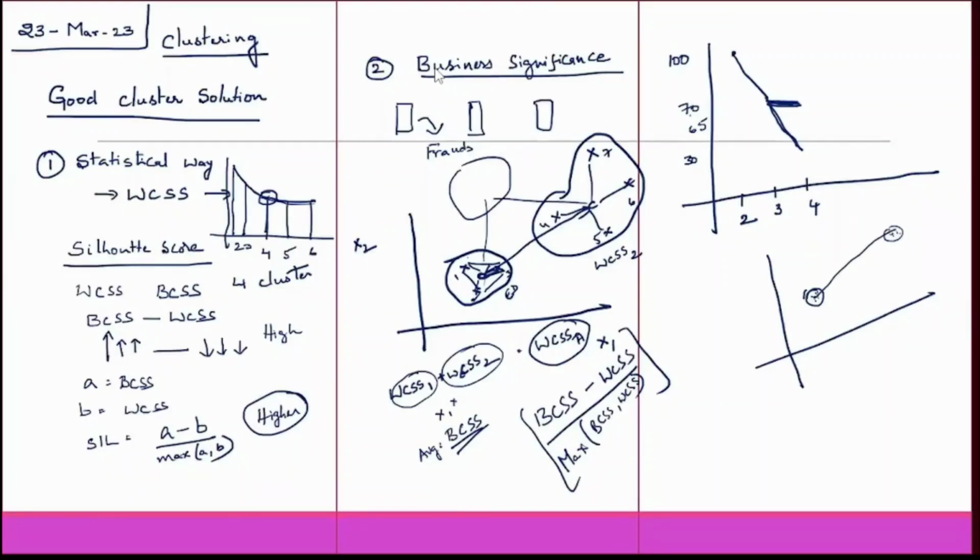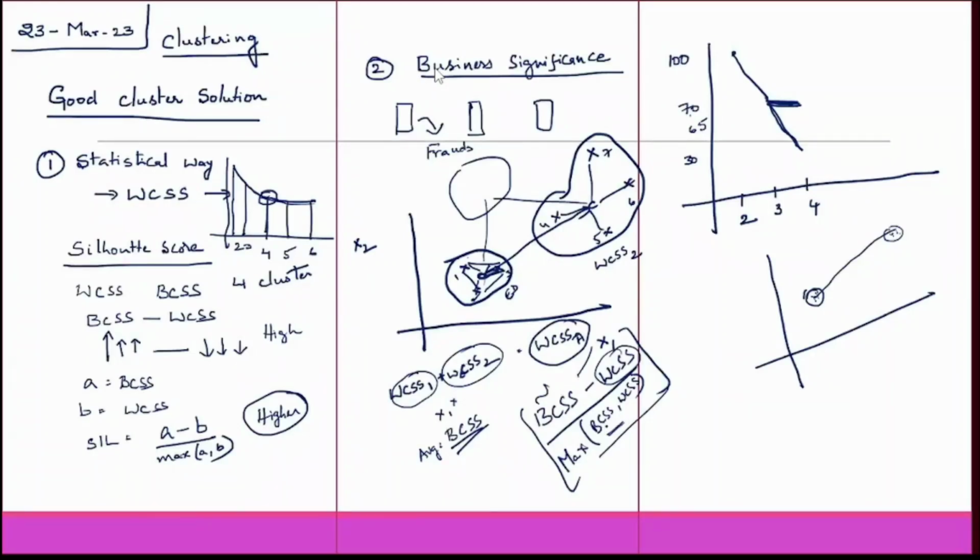So in that case, BCSS minus WCSS, where WCSS is a very small value, would be approximately equal to the BCSS only. And if I divide by the maximum of the absolute values of BCSS and WCSS, the maximum is always the BCSS here. So you will get this ratio very close to 1.